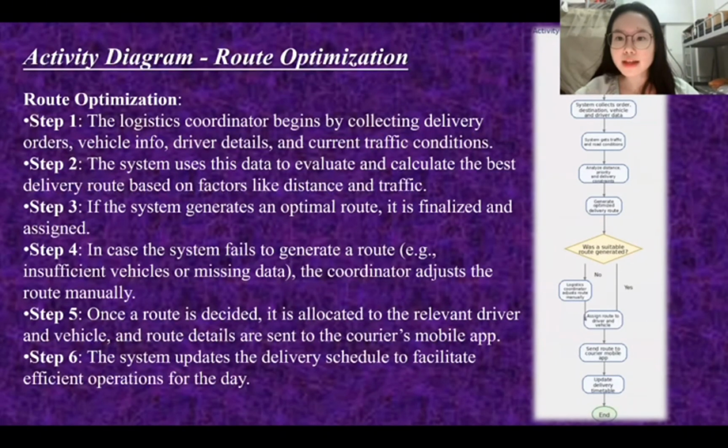The system collects delivery data, including orders, vehicles, drivers, and traffic. Then it analyzes and generates the best route. If needed, the route can be adjusted manually. Finally, the route is assigned and the schedule is updated. This improves delivery efficiency.